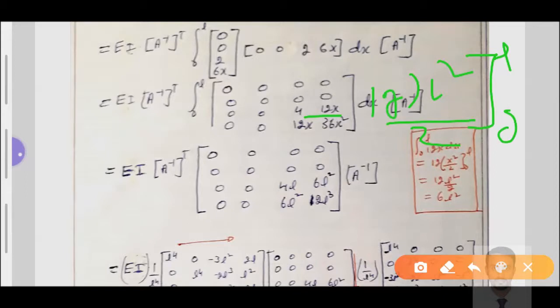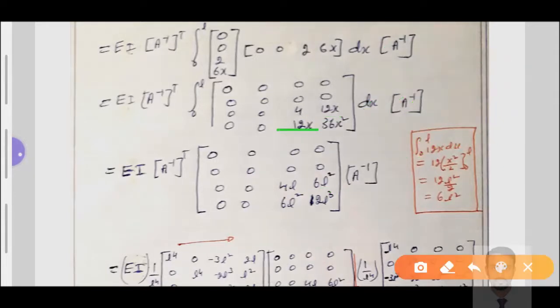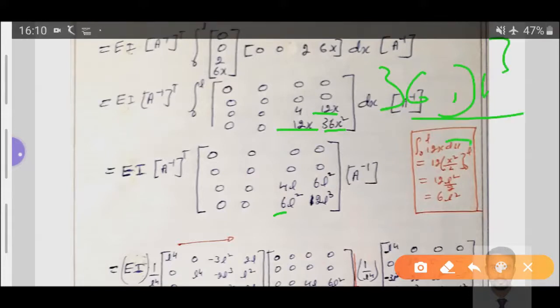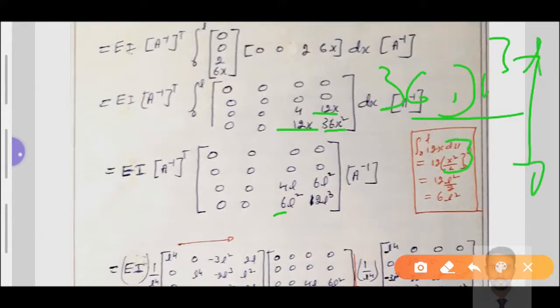Then 12 into x square by 2 becomes 6. Apply the limits, upper limit x square becomes L square, 6L square. And then similarly we have 12x becomes 6L square, similar to this one. And then 36x square becomes 36x cube divided by 3, limits 0 to L. Then we have this value 36 divided by 3 becomes 12.